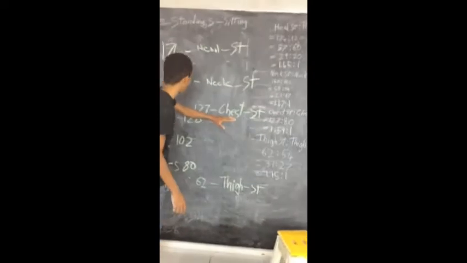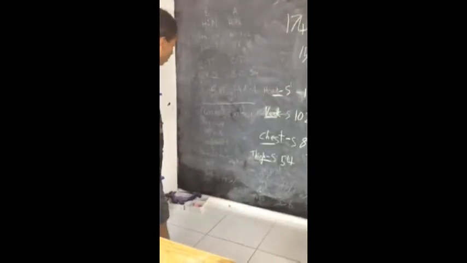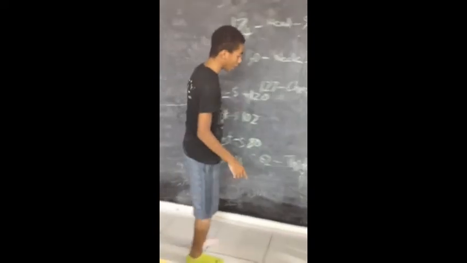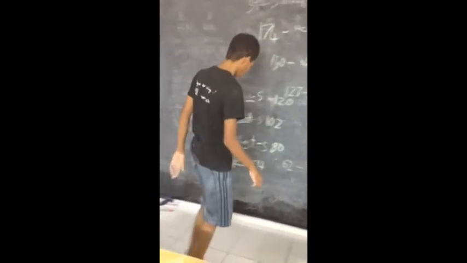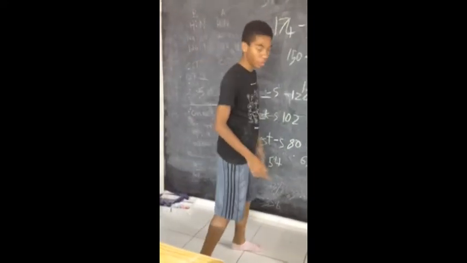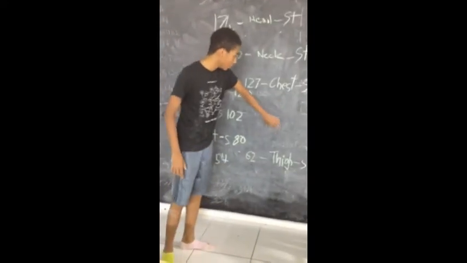The percentage of the hat that the chest covered before was 73%, and the percentage of the hat that the thigh covered before was 35.6%, which means that there's a difference of 37% between each of them.